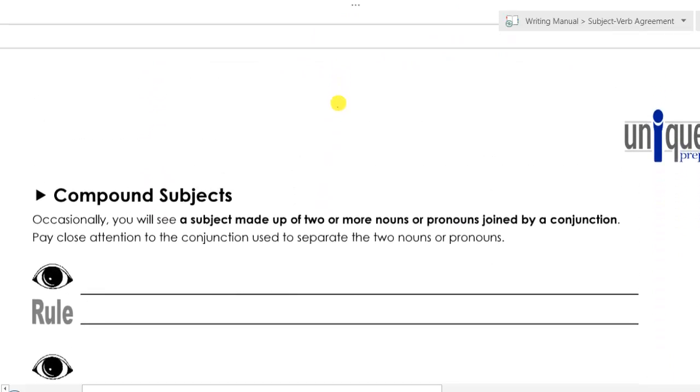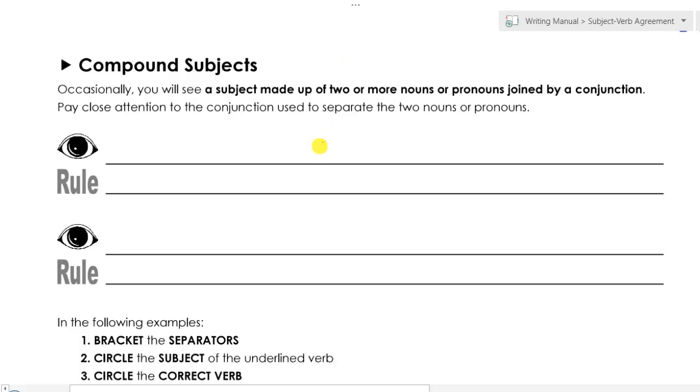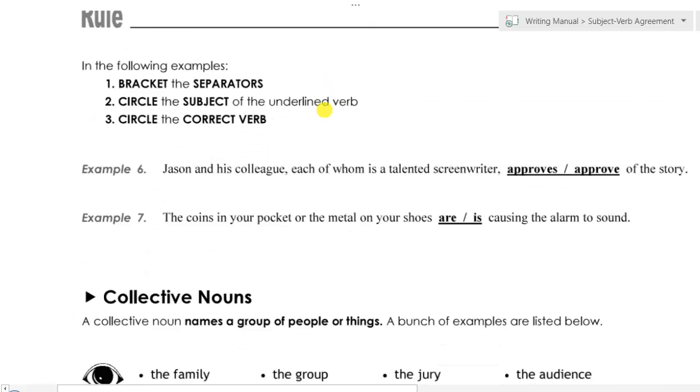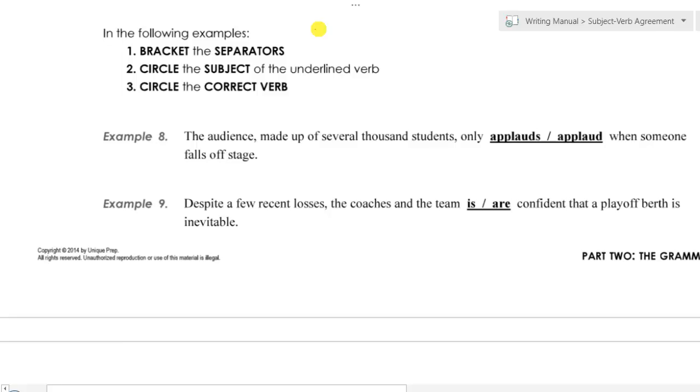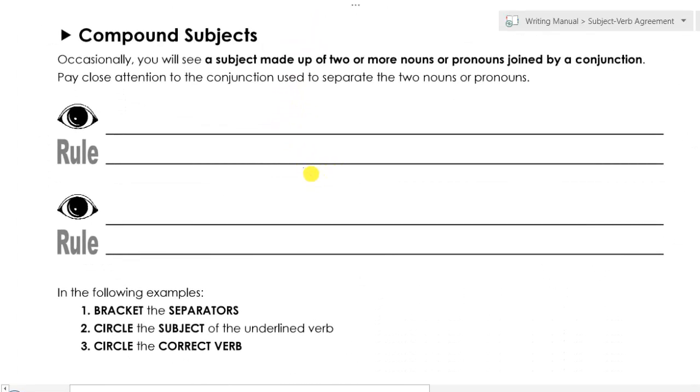Now we move on to another way that ETS might make it a little bit tough for us to determine if our subject is singular or plural. We have to talk about compound subjects. Now, just to check back in on the page number here, we are on page 17. Page 17, just in case you lost your page. So compound subjects, what is a compound subject?